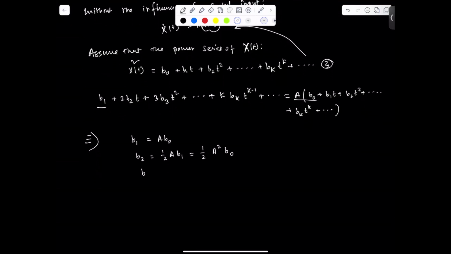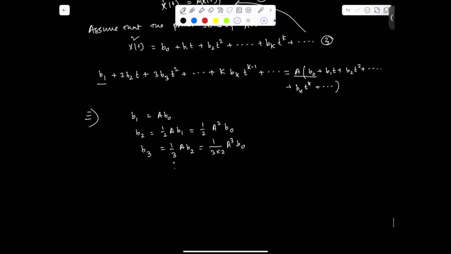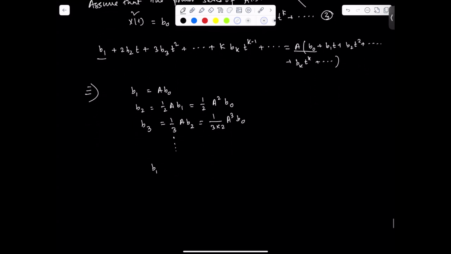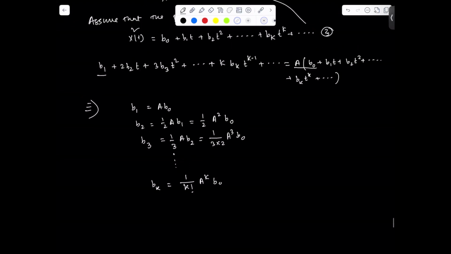And b3 equals 1/3 A b2, and in place of b2 we write half A squared b naught, so we'll have 1/3 into 2 A cubed b naught. We can go till bk equal to 1 over k factorial A to the k b naught. These are the equalities we are getting; let me define this as equation number 4.